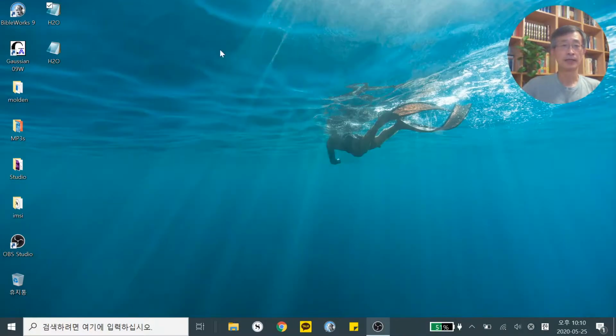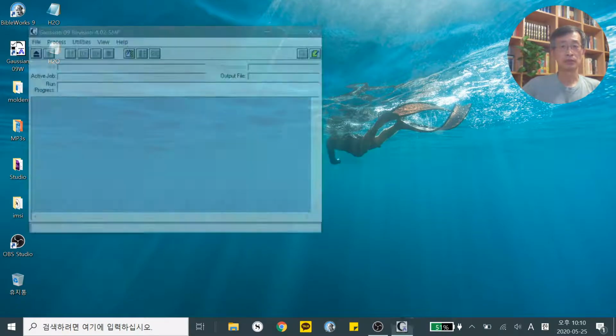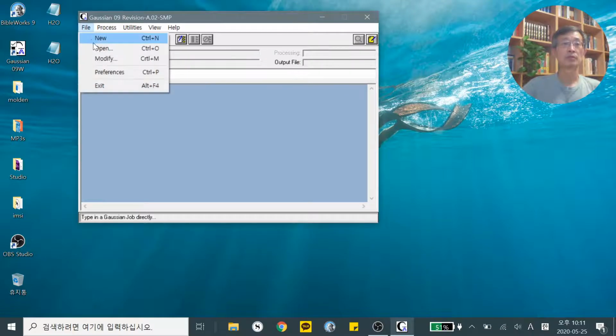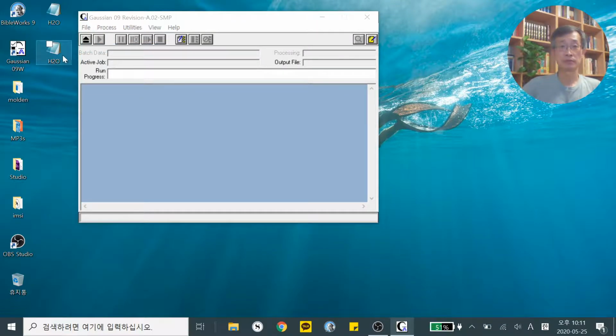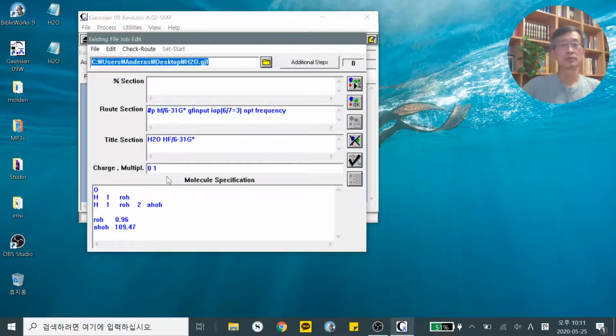Then we are going to open the Gaussian 09 Windows version, and then open the Gaussian input file. I named it H2.gjf, Gaussian job file, GJF.